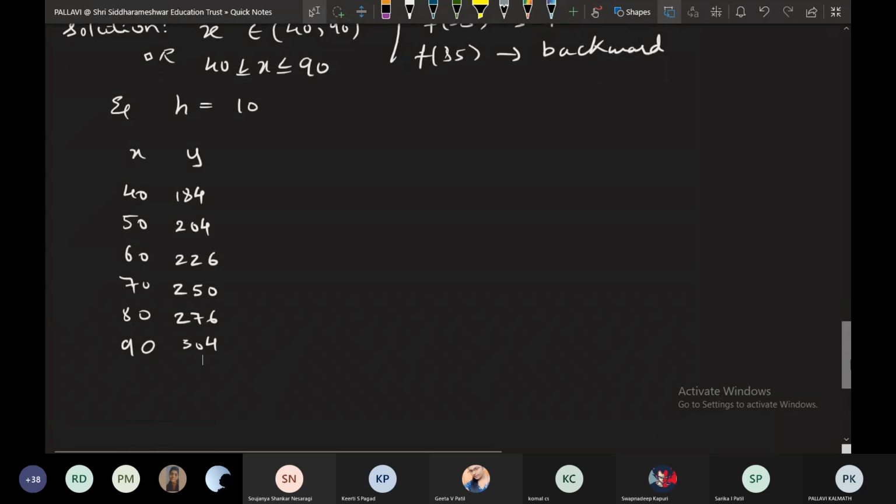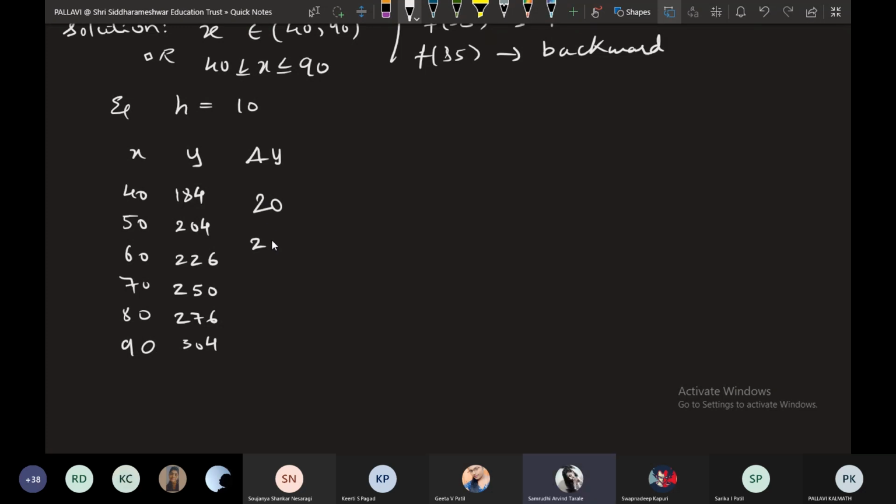See, you can see. Okay, then go for the first difference. First difference, shall I write this time only del yn or del y? What will be the first value? 204 minus 184, how much? 20. Next, 22. Next value, 24.